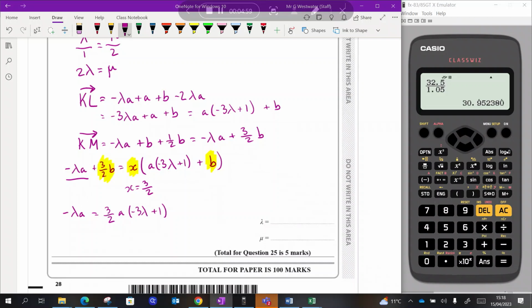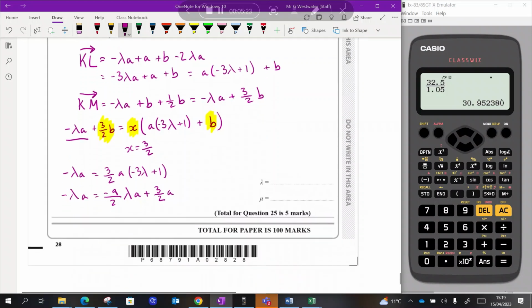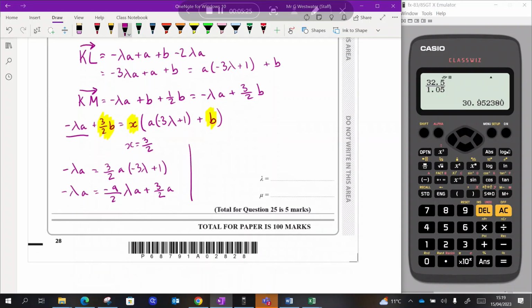And therefore let's expand all of this out. So minus 3 times 3 is minus 9 over 2 lambda a, plus 3 over 2 a. In fact, let's just get rid of the a's now. So minus lambda will equal minus 9 over 2 lambda plus 3 over 2.